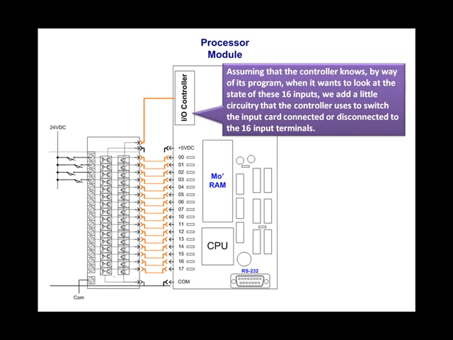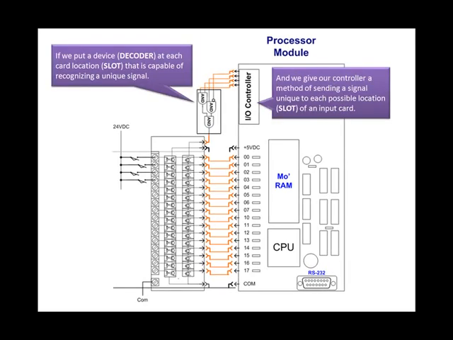This gives the controller a method of energizing or activating a specific group of 16 inputs by sending a signal to a decoder by means of a 4-bit line or a 4-bit signal. Now, the only difference between the previous diagram and this one is the decoder.